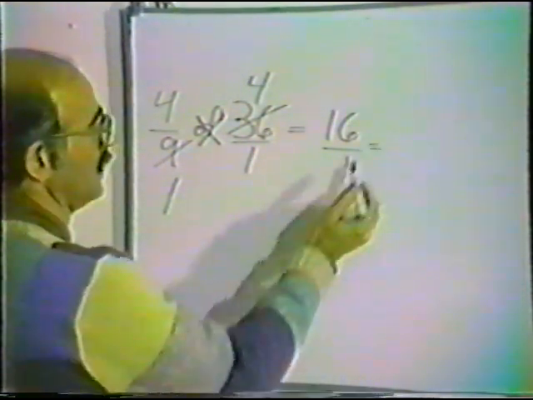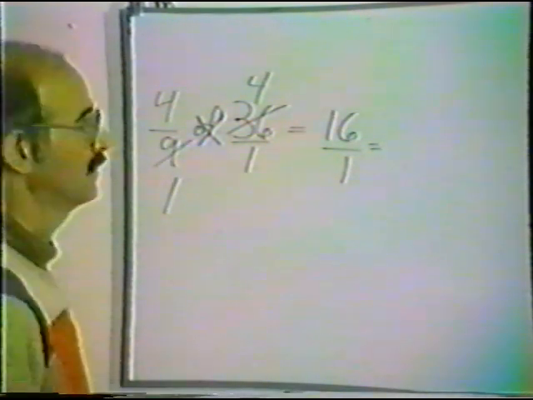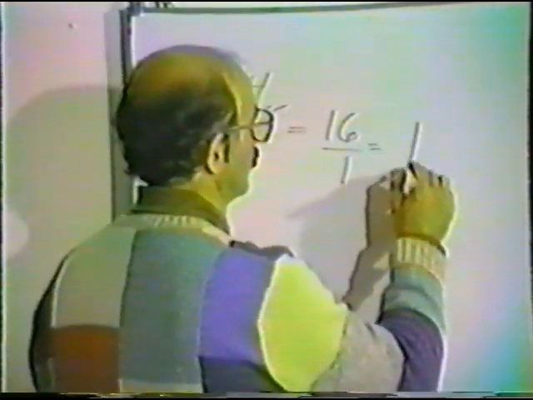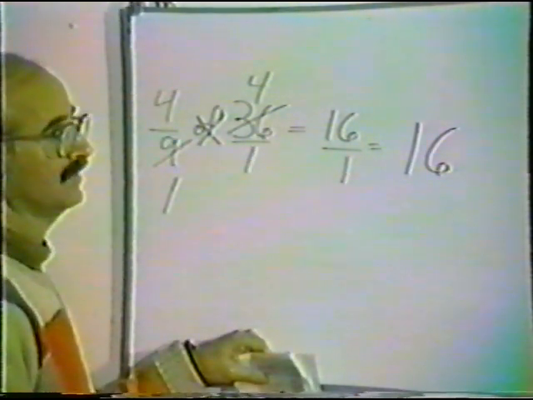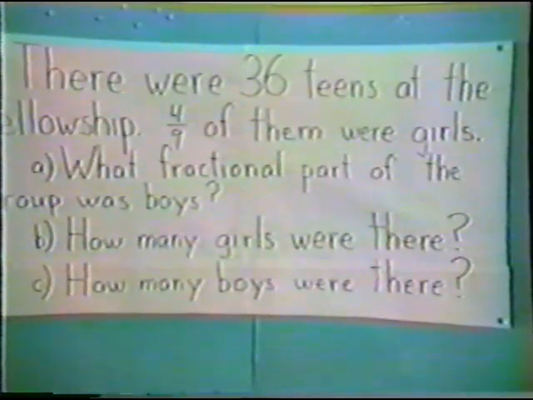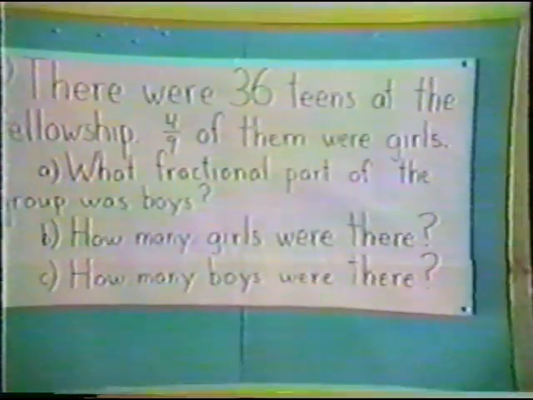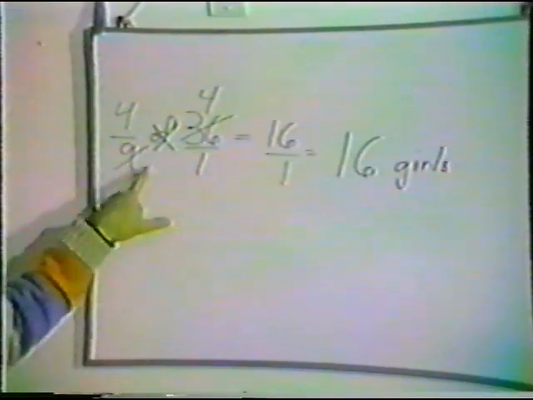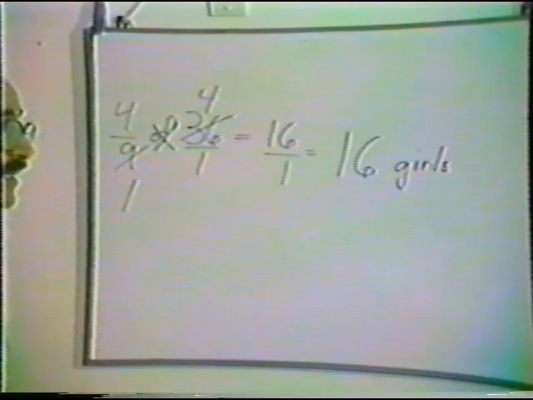And 16 over 1 is the same thing as? 16. 16 what? Girls. 16 girls. You remember there were 36 in the group. 4/9 of them were girls, and 4/9 of 36 is 16.